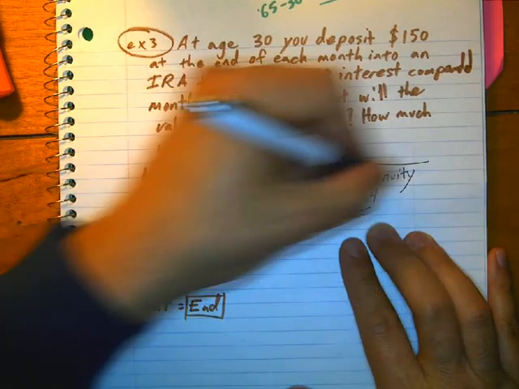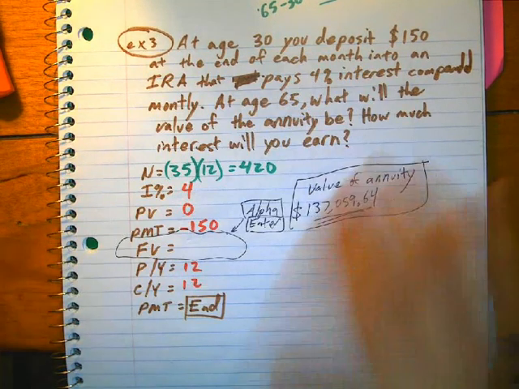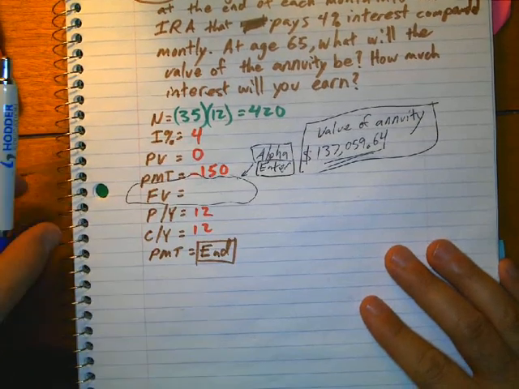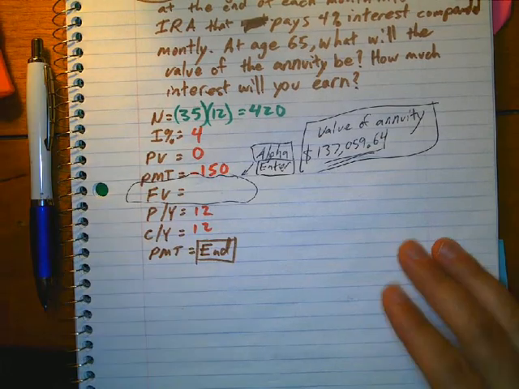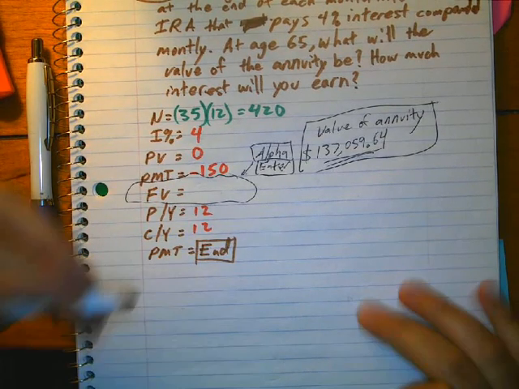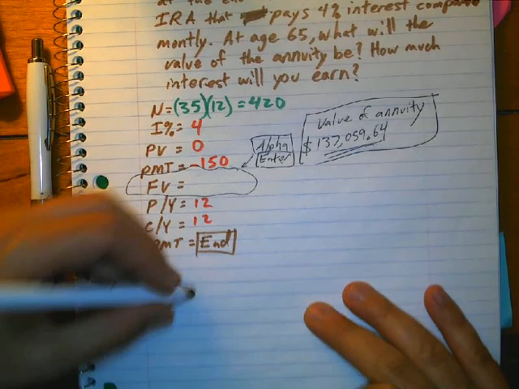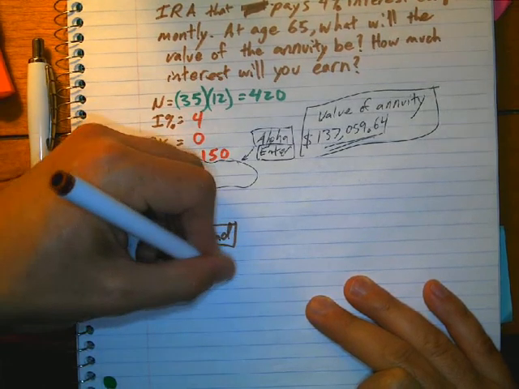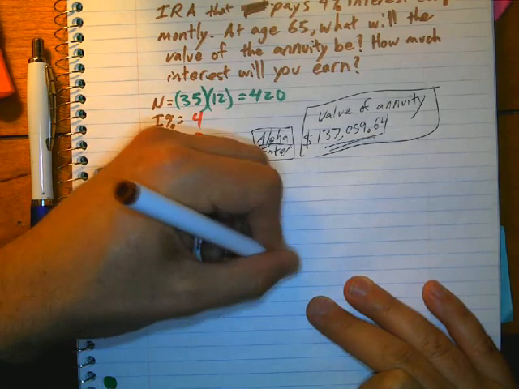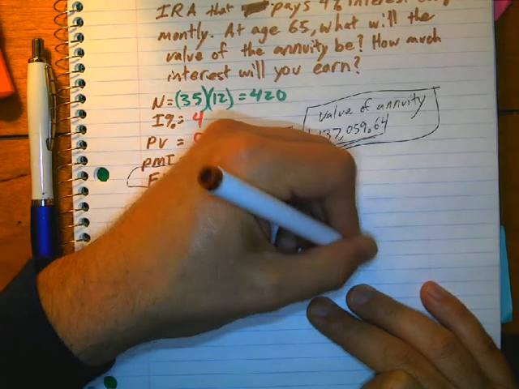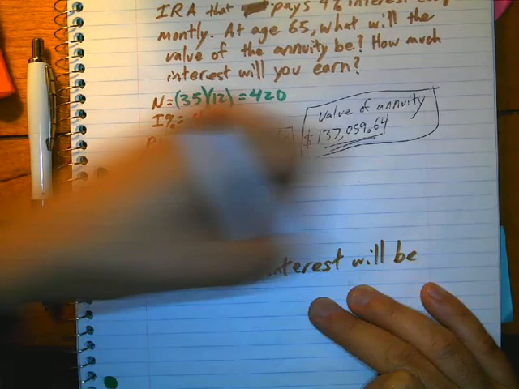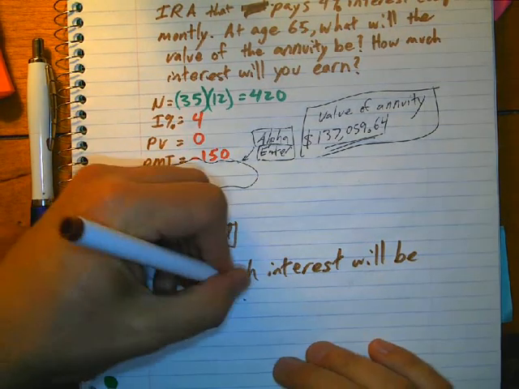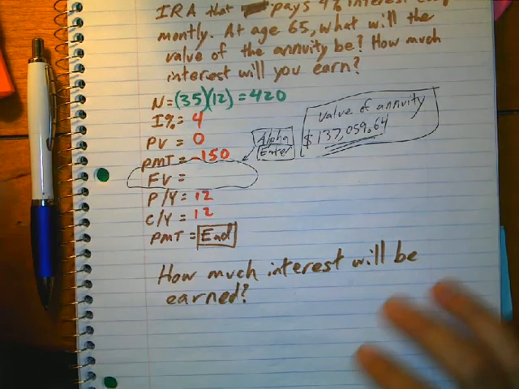Okay, now question 2 says how much interest will we have earned? So in order to figure out the interest, first we have to figure out how much did we deposit.